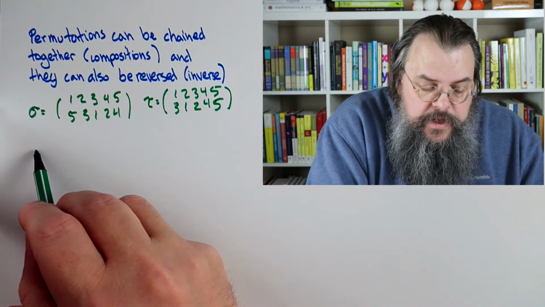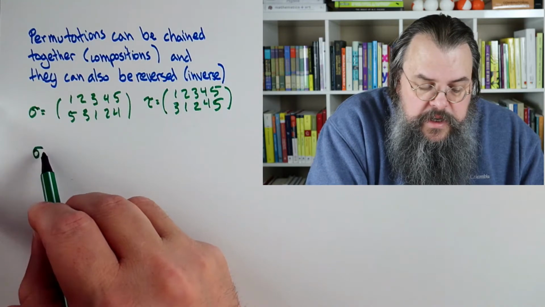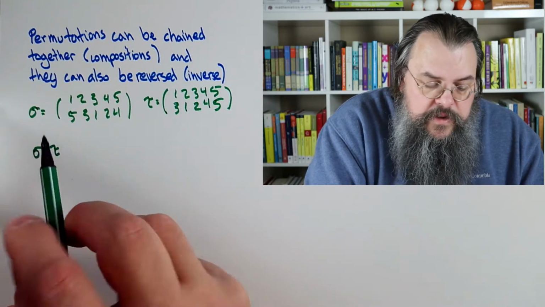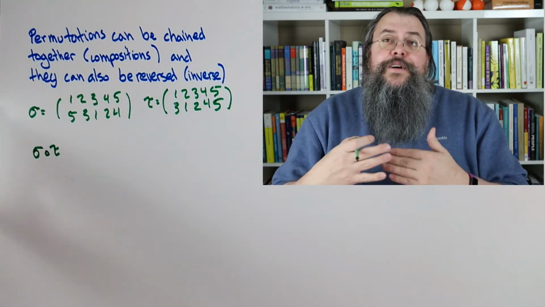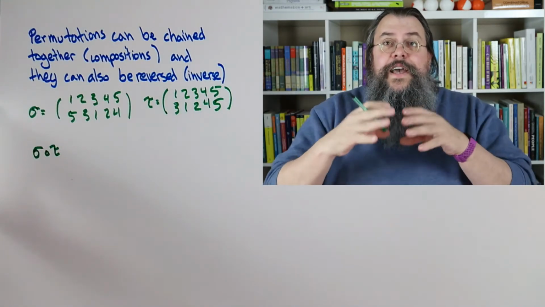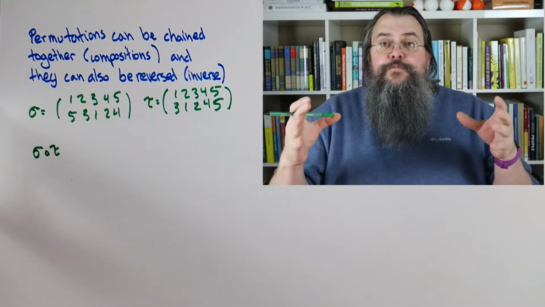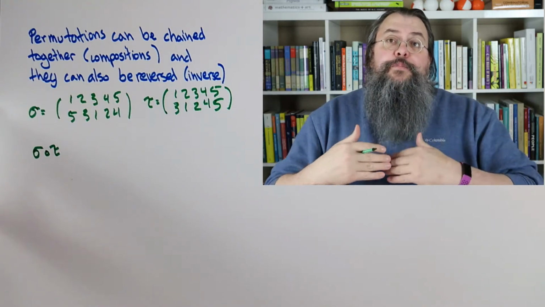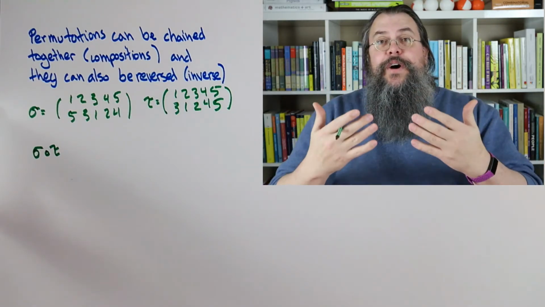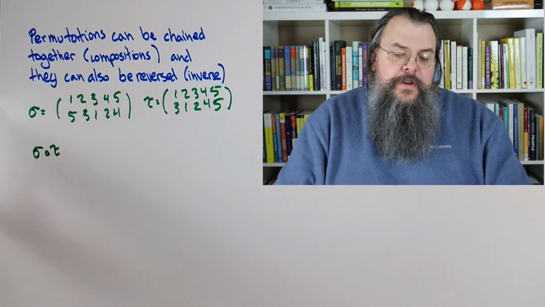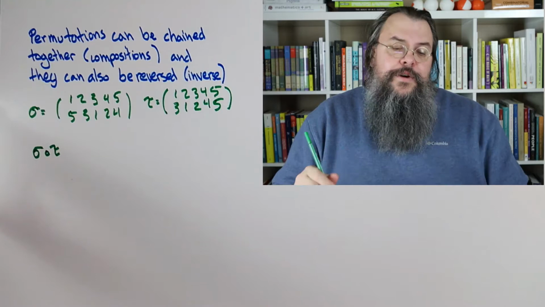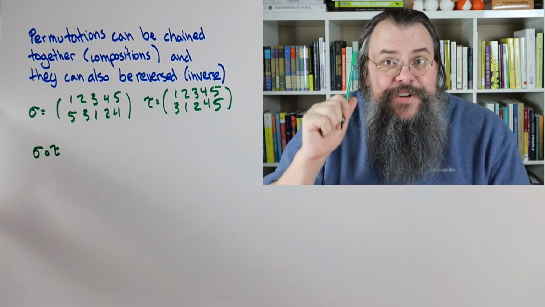So we'll say sigma and tau. This circle here is the same circle that you sometimes see when you talk about function composition, like f of g, because it's the same idea. A permutation, one way to think about it, is a function, so it's okay that we use the same notation. How should you read this? This is the counterintuitive thing.